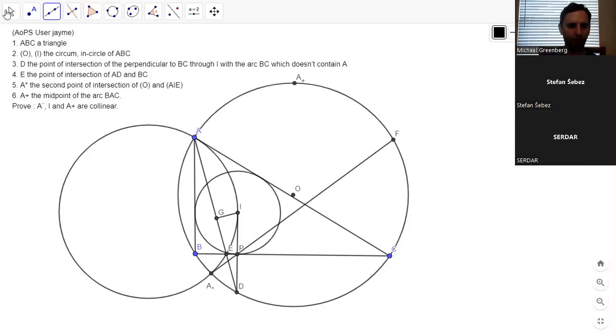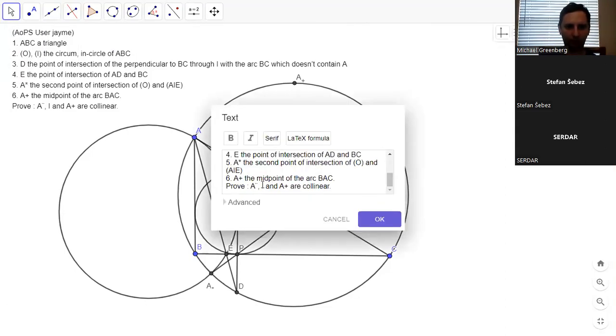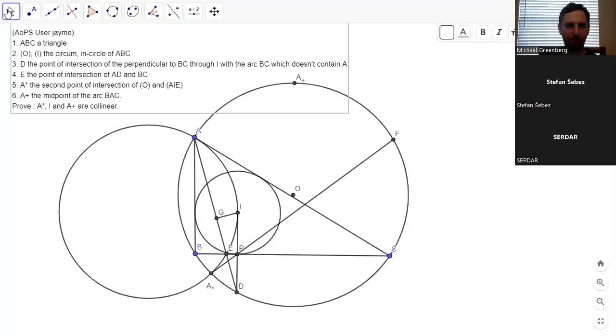Yeah, let me change this to be prove A star. There we go. So yeah, basically we define this point A star.